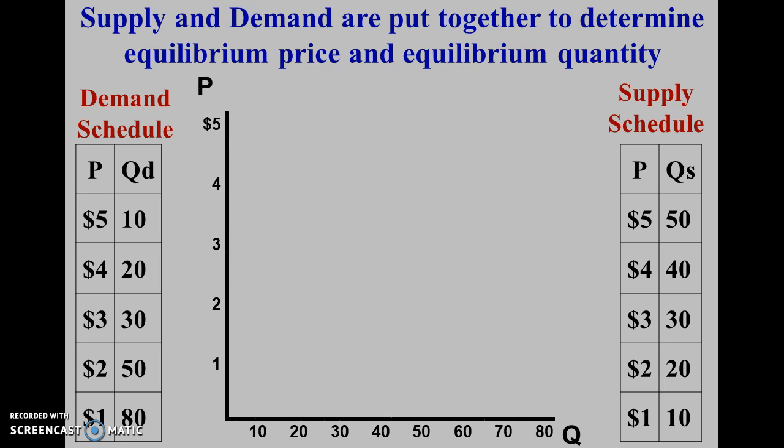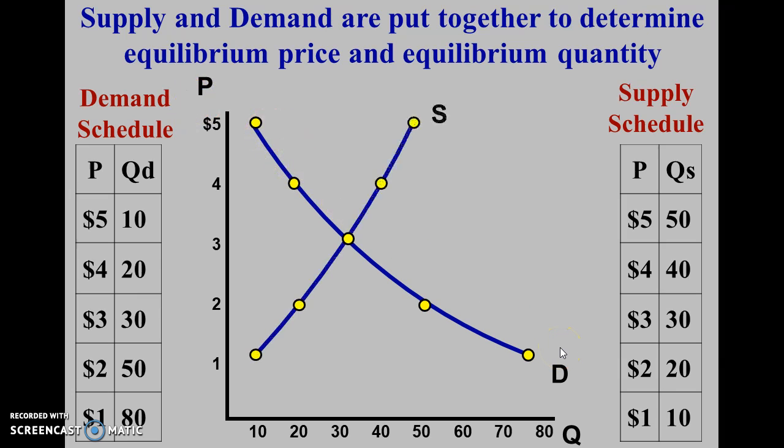As always, we have our price on the vertical axis and our quantity on the horizontal axis. If we plot those points, we get a downward sloping demand curve and an upward sloping supply curve. This point right here in the middle is what we refer to as equilibrium.